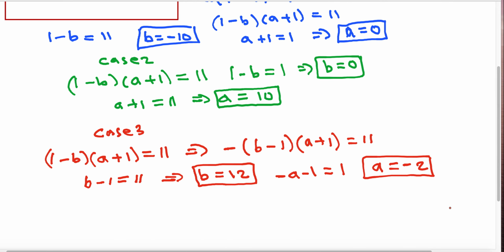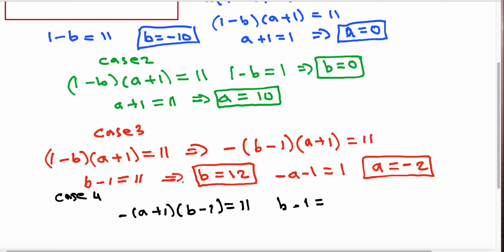And the fourth set of the solution, so let me write in a different color. Case 4, I can take the same factor, but let me write it this way, minus a plus 1, and b minus 1 is equal with 11. In the first case, I took b minus 1 as 11, but in this case let me take b minus 1 is equal with 1.